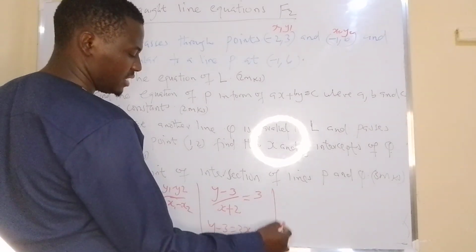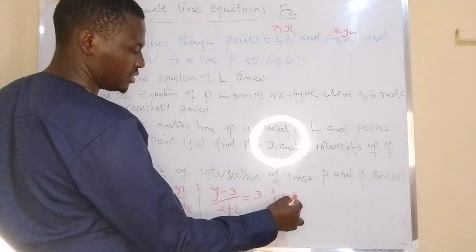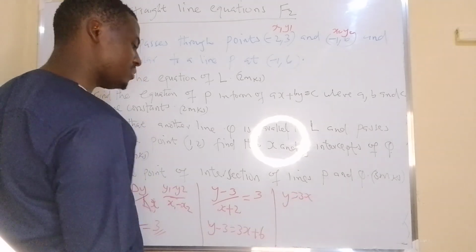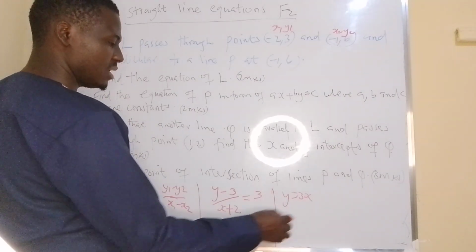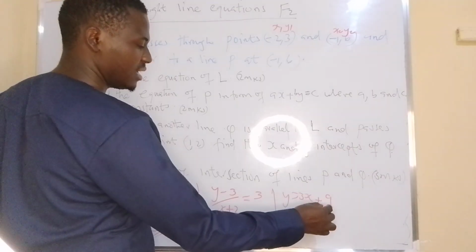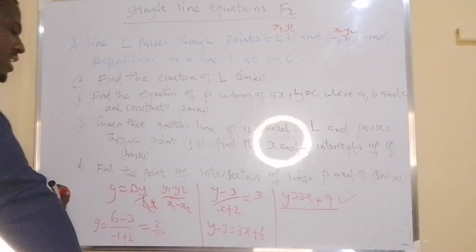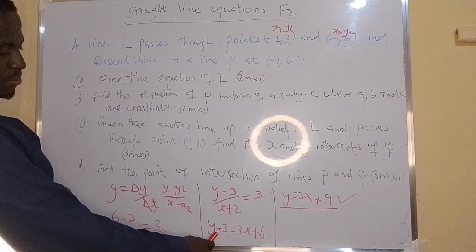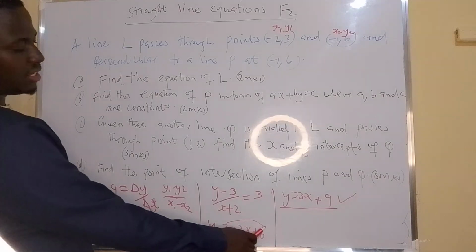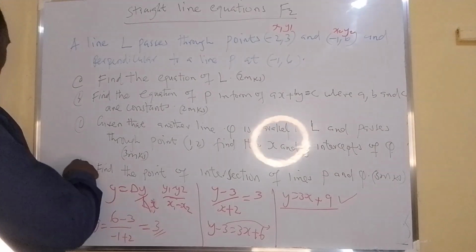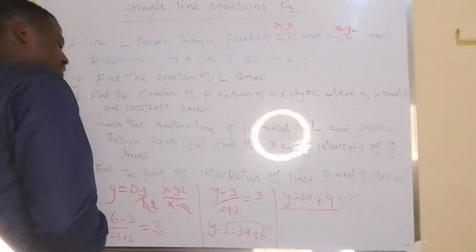So y equals 3x plus 9. This is the solution of A, because the minus 3 comes to this side, so it will be 6 plus 3. So that is the solution of A.